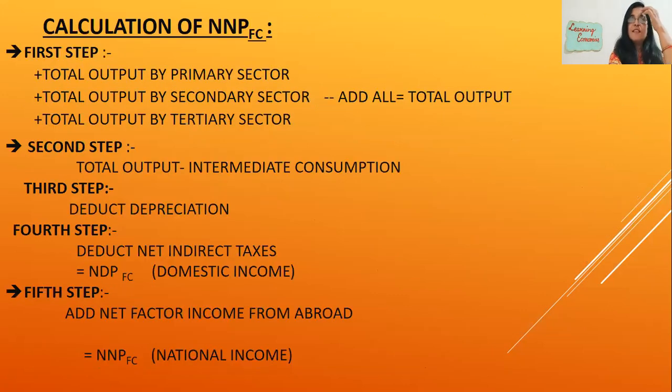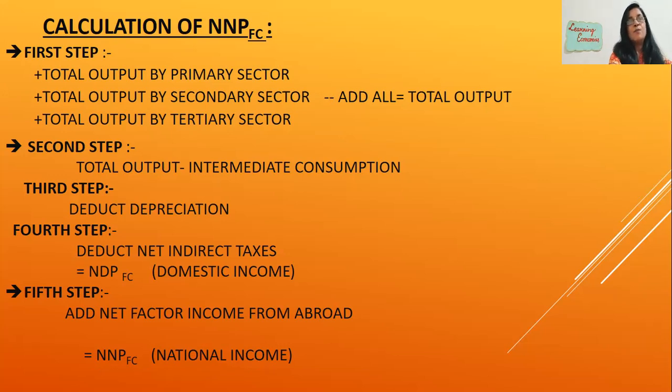Now see, this is the calculation method. You would be getting the formula in the books also. What is national income? NNPFC, net national product at factor cost. When we calculate net national product at factor cost according to the production method, first we divide the whole economy into 3 sectors: primary sector, secondary sector, and tertiary sector.